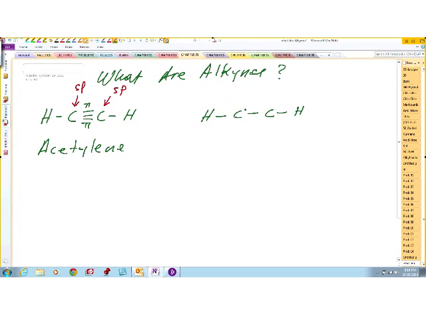And then on each one of the carbon atoms, because this carbon here is an sp carbon atom, you have two p orbitals. So you have two p orbitals on each one of the carbon atoms, and each one of the p orbitals, of course, contains one electron.